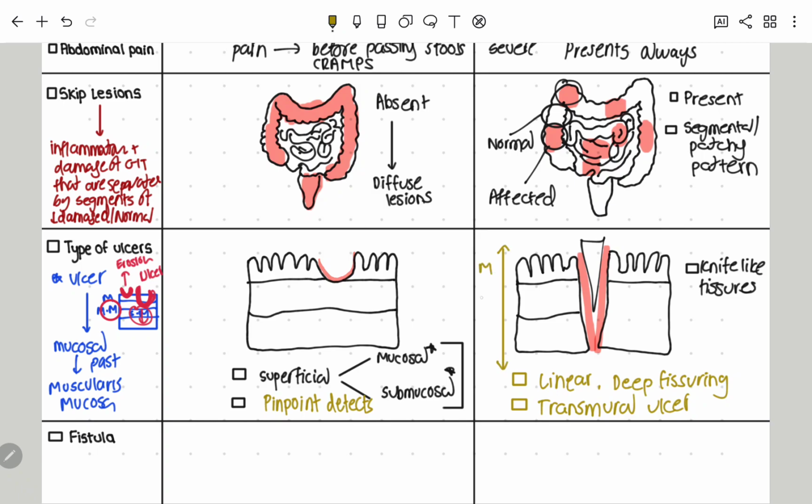So that's your mucosa, your submucosa, your muscularis propria, and then not drawn here, but it can also involve your serosa. Whereas in the case of the superficial ulcers we saw in ulcerative colitis, these only involve the mucosa and the submucosa at max. That's about it.